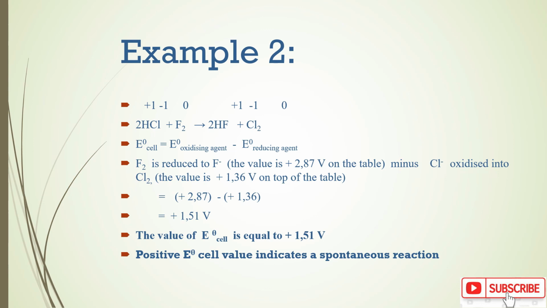Minus, chloride ions are oxidized into chlorine gas, on top of the table. The value is plus 1.36 volts. So E standard cell equals plus 2.87 volts minus plus 1.36 volts. Then the answer is 1.51 volts. The value of the standard cell is equal to plus 1.51 volts. So it means it is a spontaneous reaction.